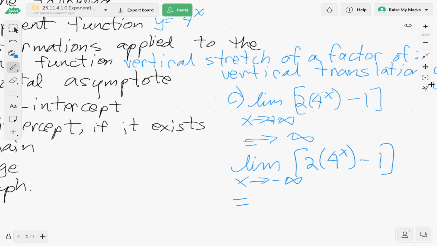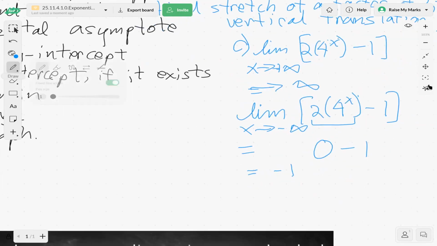As x approaches negative infinity, 4 to the power x is going to get very small. So this first term is just going to be 0. The minus 1 is just a constant, so it's going to remain minus 1. So we end up with negative 1. Therefore, y equals negative 1 is our horizontal asymptote.